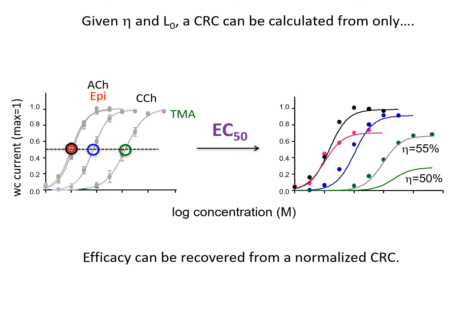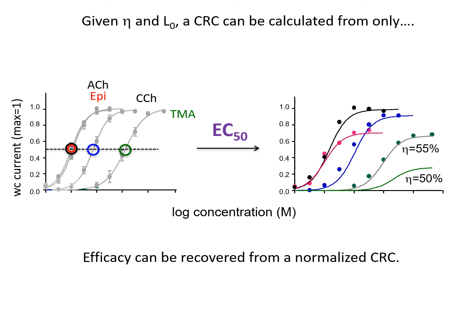This is how many studies are done, by normalizing the response. So we have 4 EC50s, and given efficiency, again, of 50%, we were able to calculate the curves shown to the right. All the curves fit pretty well, except for the TMA curve, and that one fit much better when we use the real efficiency of 55%.